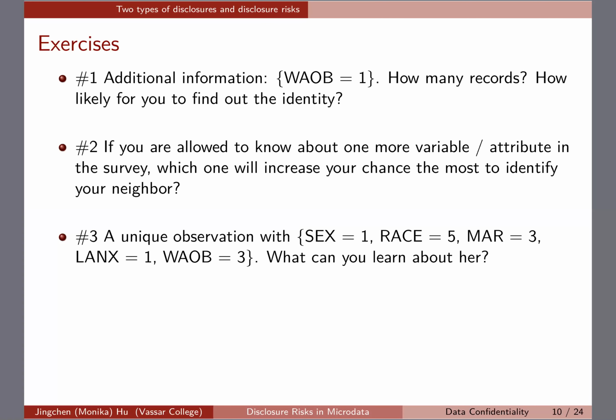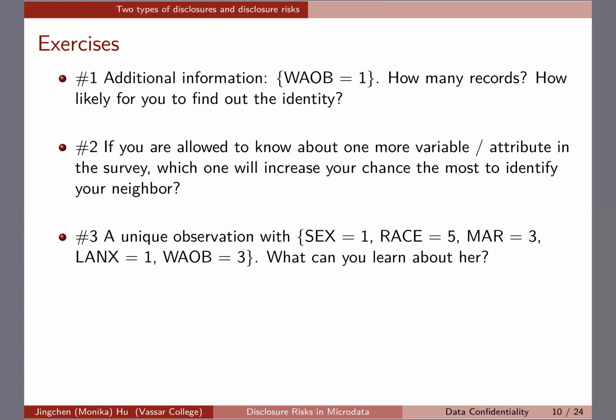All right, anybody number 1? What is the count? How many records once you add that WAOB? 2058? Right? Everybody? Okay. So I guess that didn't decrease much from 2192, right? Because WAOB is US and Puerto Rico level.